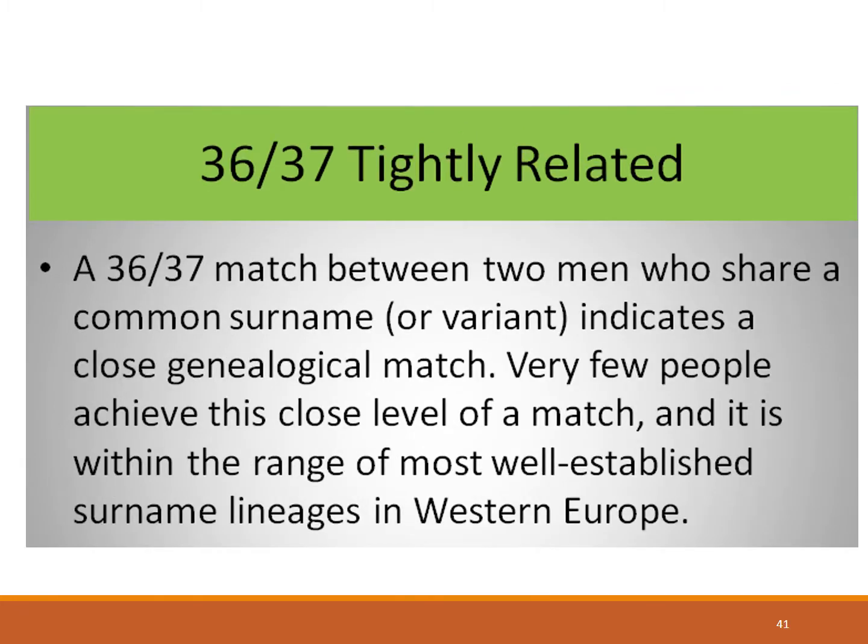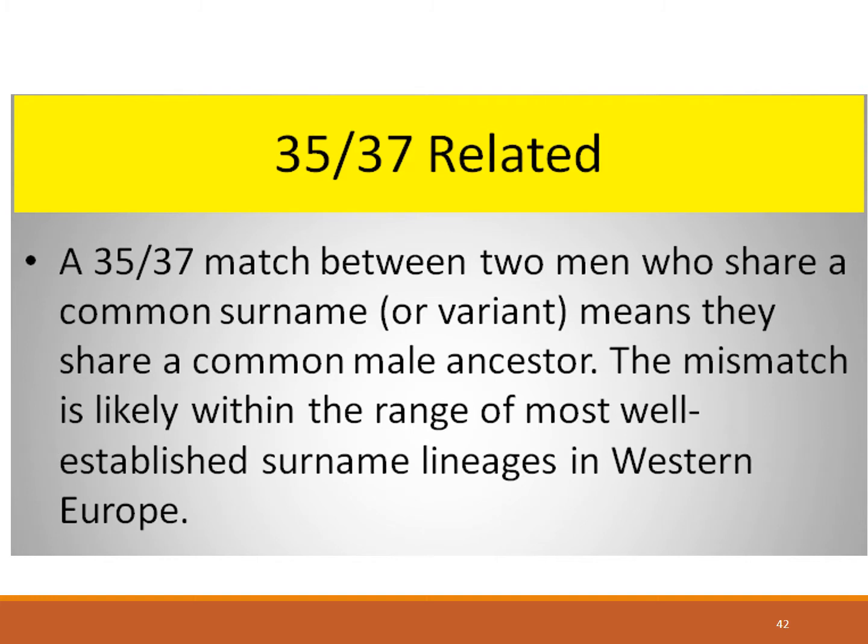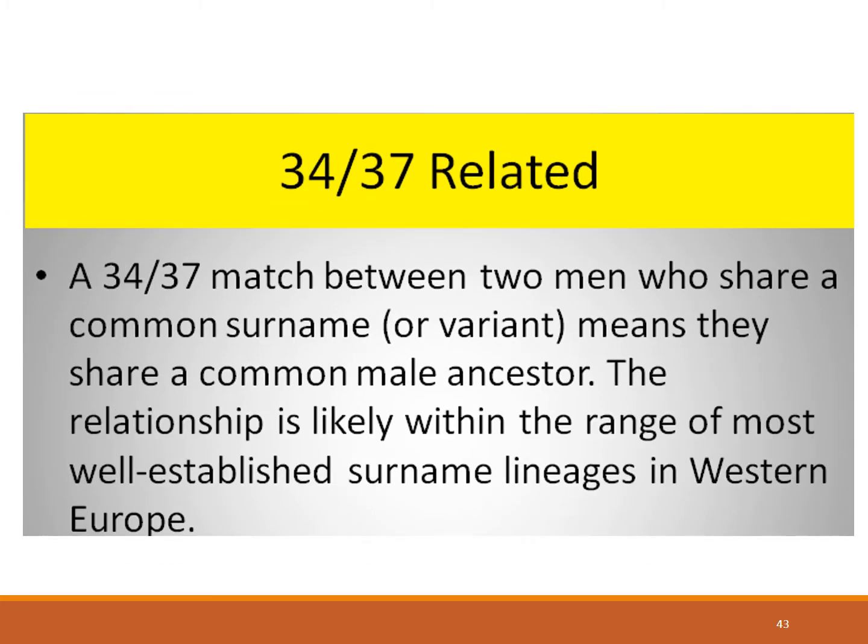If you miss one, and you have the same surname, you are probably matching. If you miss another one and you share a common surname, you're still matching. If you go to 34, they share a common surname.